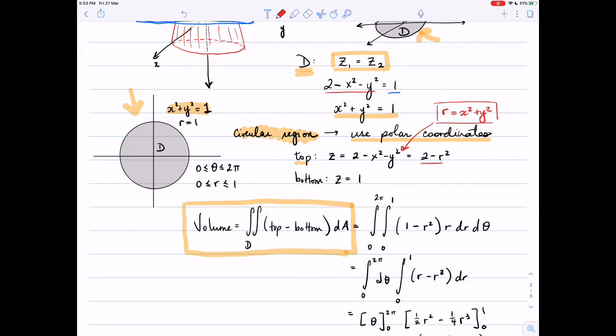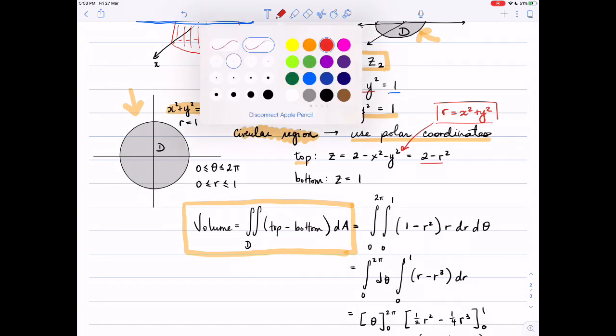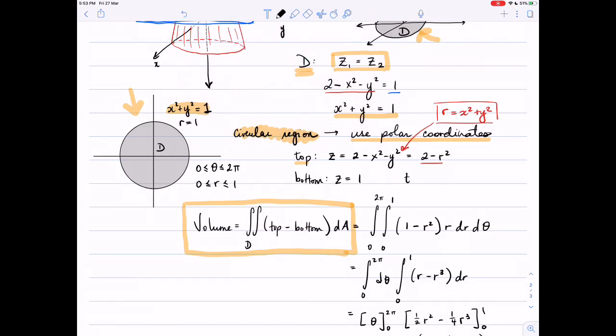Our bottom function, z equals 1, well, there's nothing to change about that. So when we do the top minus the bottom, we're going to have 2 minus r squared minus 1, or 1 minus r squared.